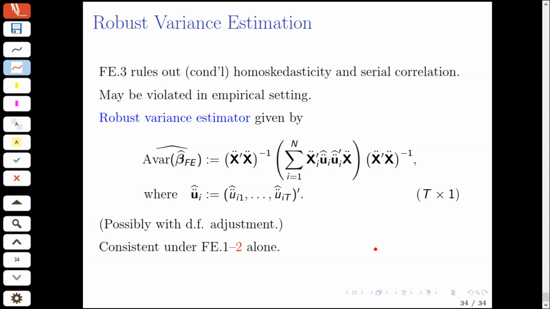Lastly, this whole discussion on the previous slide is only relevant if we actually believe in the assumption FE3, this type of assumption of homoscedasticity and serial uncorrelation.